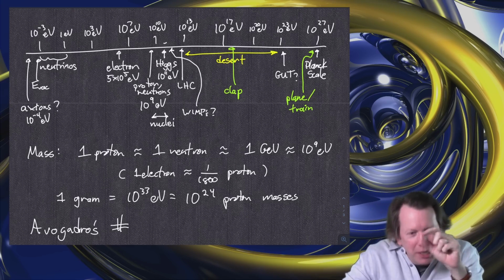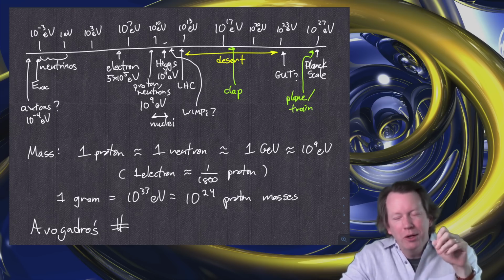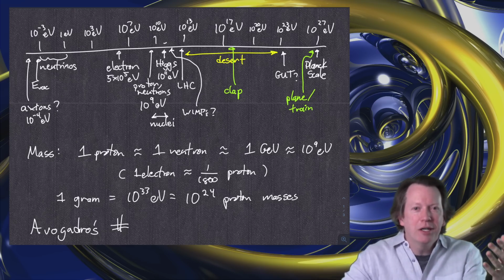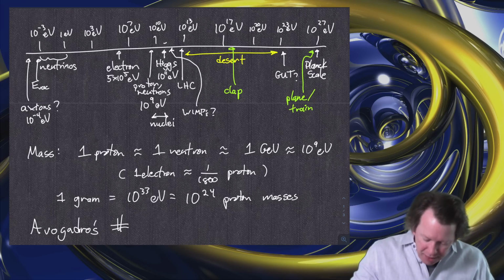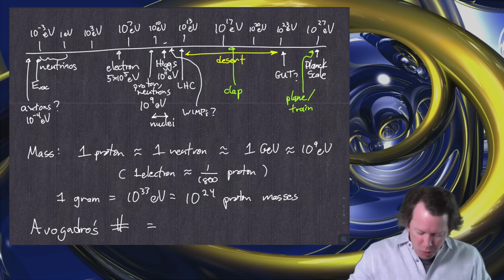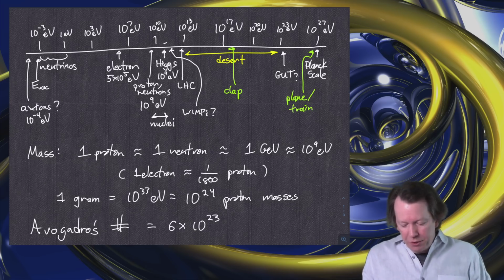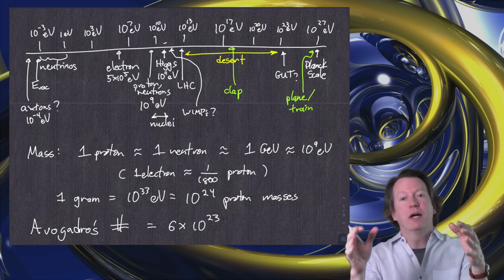In typical things about 1 centimeter across, you might get, roughly speaking, Avogadro's number of atoms in them. And Avogadro's number is, to one significant figure, 6 times 10 to the 23. When you round up, that is 10 to the 24. That's what Avogadro's number is.